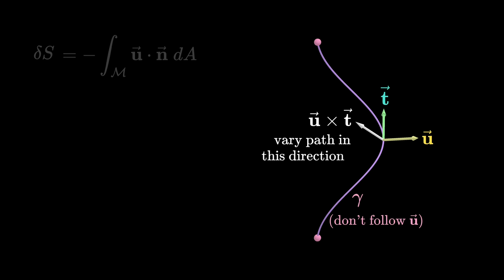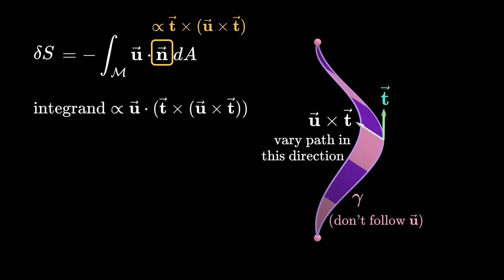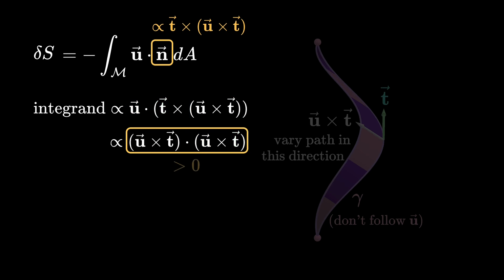The normal vector in this case is proportional to t cross u cross t, so the integrand looks a bit complicated. However, a property of the scalar triple product is that we can cyclically permute these three vectors. A clever permutation shows that we have the length squared of a non-zero vector, which must be positive.